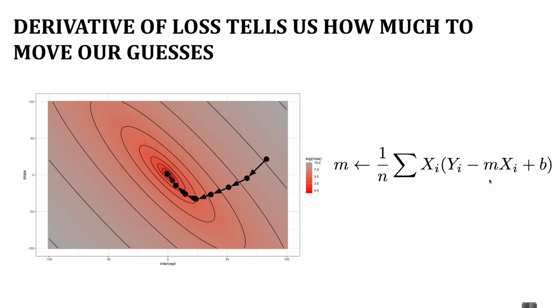So it depends on the current value of m, right? This is our current guess here. And so we just have to plug our data into this. So in R, for example, this would be like the mean of x times y minus m times x plus b, right?